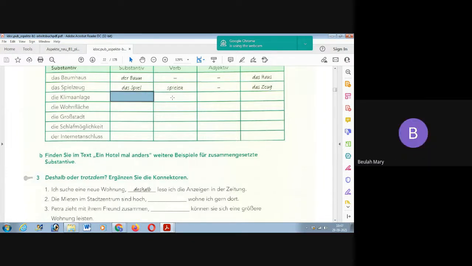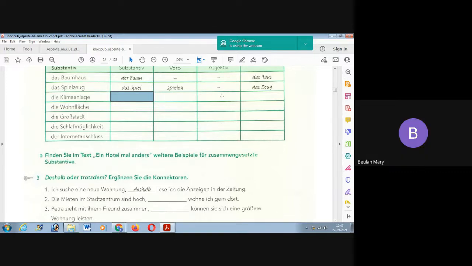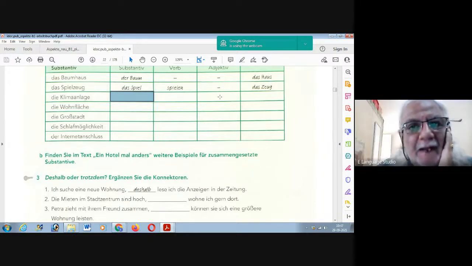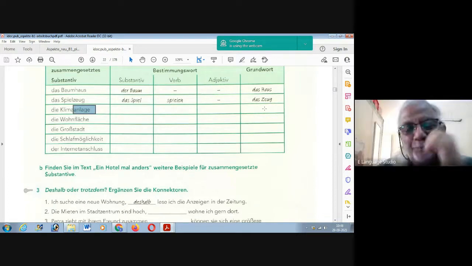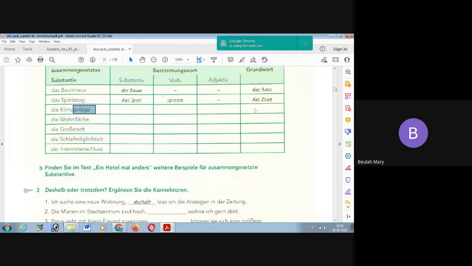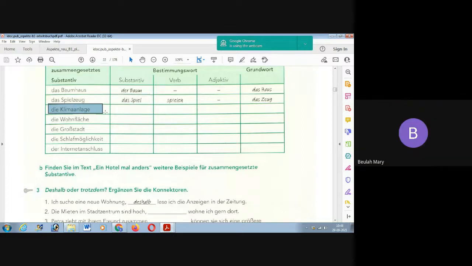Adjektiv? Ja, ist möglich eigentlich. Klimatisch. Okay. Possible, but don't use it. And the second one? Lager, Nein, die Lager. Anlage. Die Anlage. So the entire noun is called die Klimaanlage. Anlage.